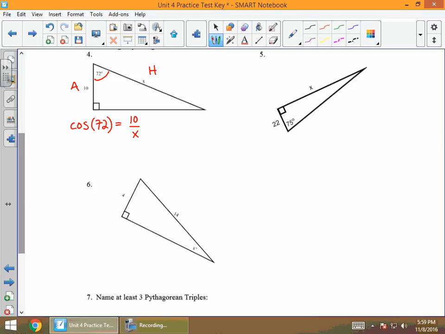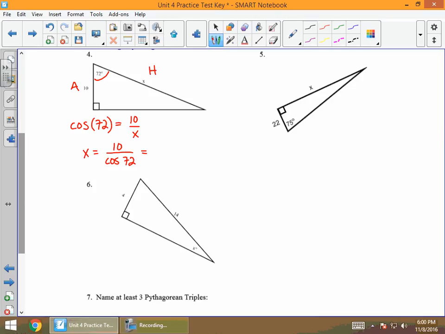This is one of those situations where when we have x in the denominator, we have the old switcheroo. So I'm going to switch the cosine of 72 with my x. So this becomes x equals 10 divided by the cosine of 72. That's going right into my calculator. Make sure your calculator is in degree mode. Do not make the mistake of leaving your calculator in radians.